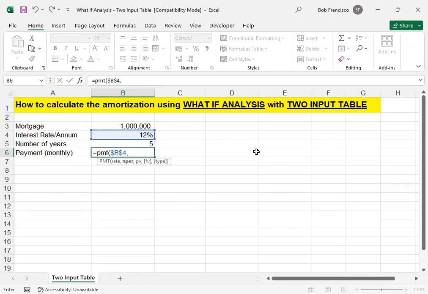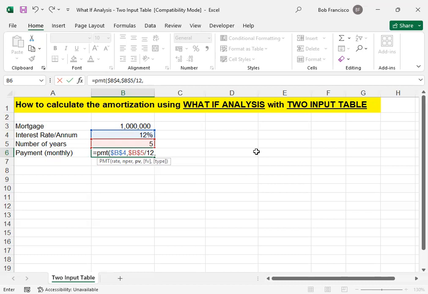So the NPER is 5 years, this one. Again, fix it with F4, and we're gonna convert this to monthly, as we're going to pay the bank on a monthly basis. So I'm gonna divide that by 12 months, and then comma.